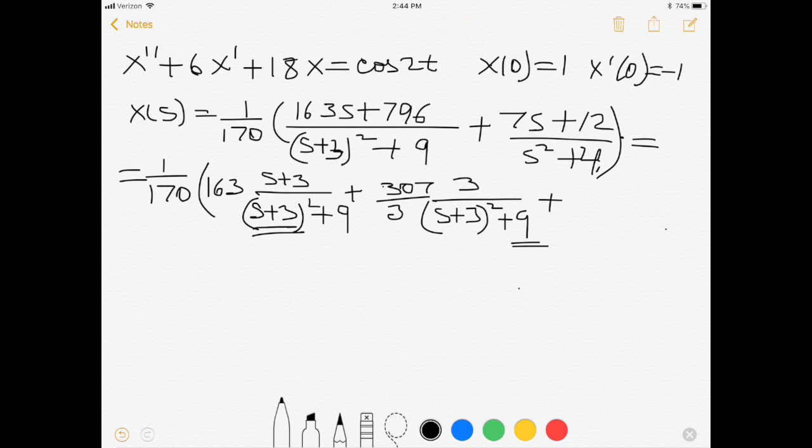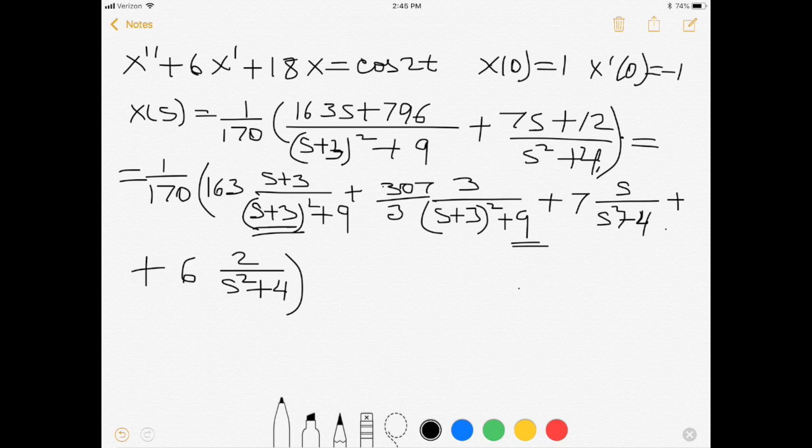We have 7 times s over s squared plus 4, and then 12 over s squared plus 4. But I write it this way, plus 6 times 2 over s squared plus 4, because the numerator of my last fraction needs to be equal to 2.